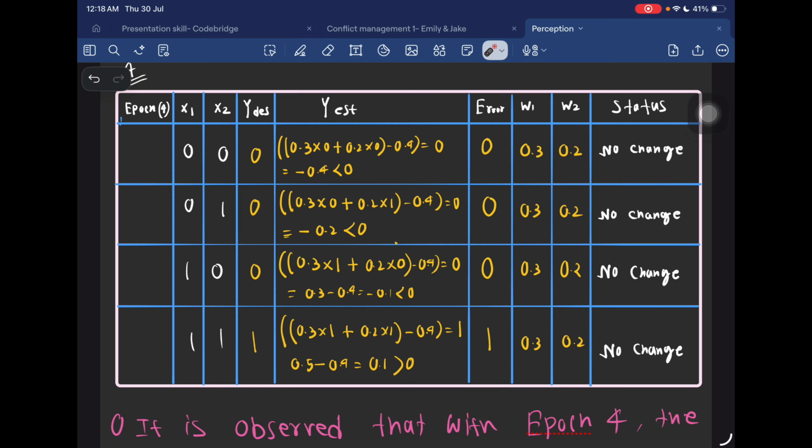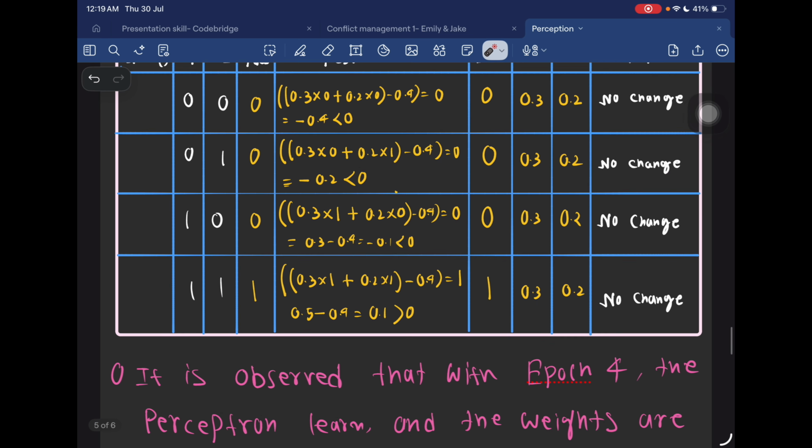Next features are 0 and 1, and we multiply them with the corresponding weights, 0.3 and 0.2, and sum. Then we subtract 0.4, which is our bias. Our activation result is minus 0.2, which is less than or equal to 0, so it applies 0. Then our error is 0 minus 0, which is 0. Here we make no change to the weights 0.3 and 0.2.